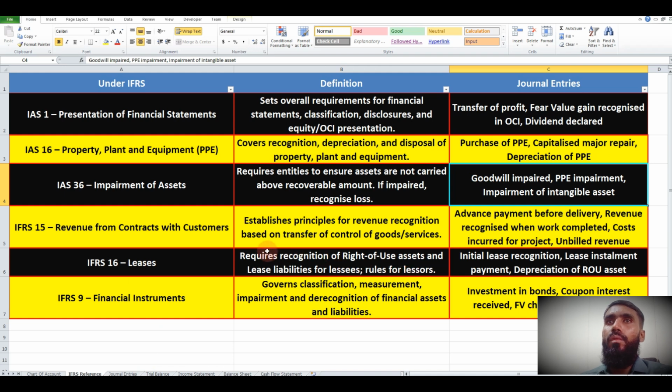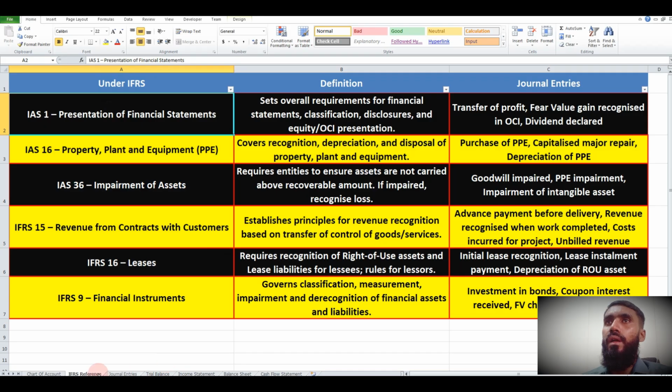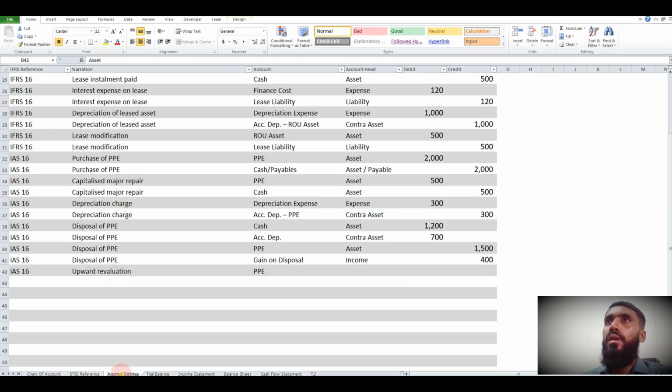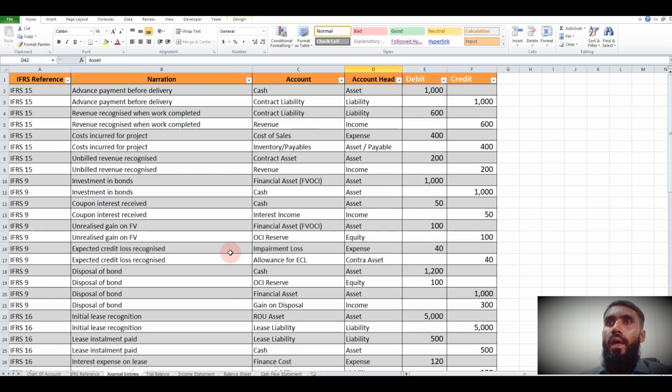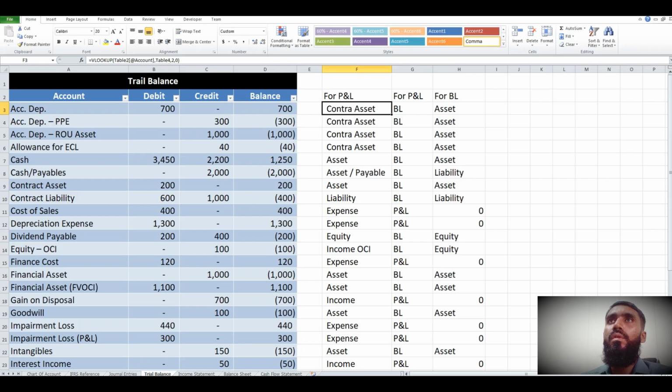In the previous video, I committed that I would explain how to prepare financial statements using the IFRS rules. So I have a template for an overview.